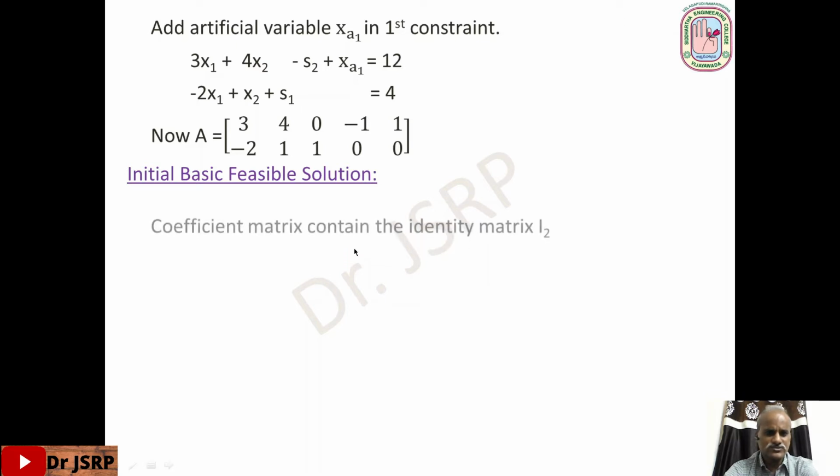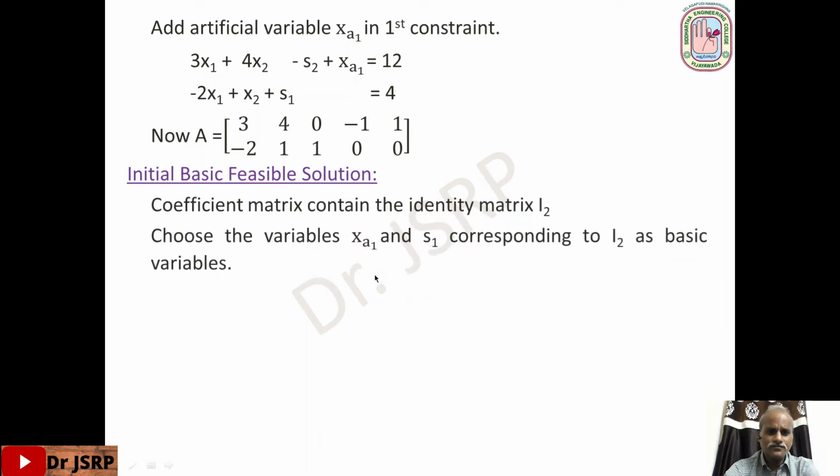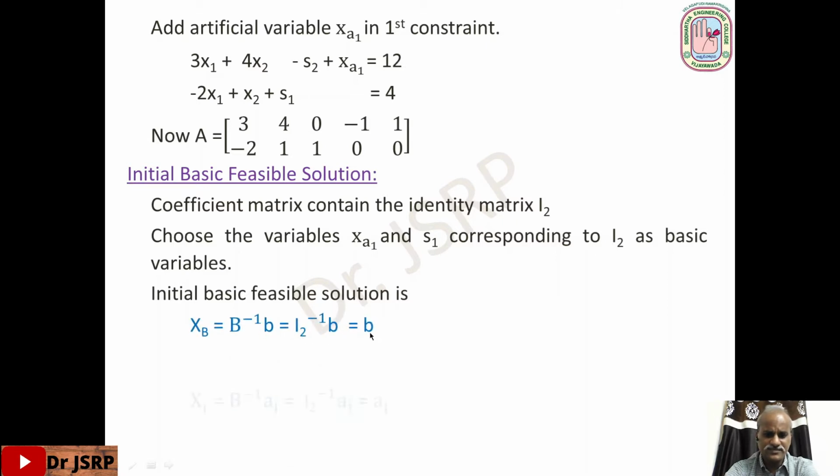The initial basic feasible solution is as usual XB equal to B inverse b, I2 inverse b, that is b, and vector Xj equal to B inverse aj, that is I2 inverse aj, and scalar delta j equal CB Xj minus cj. These are as usual.